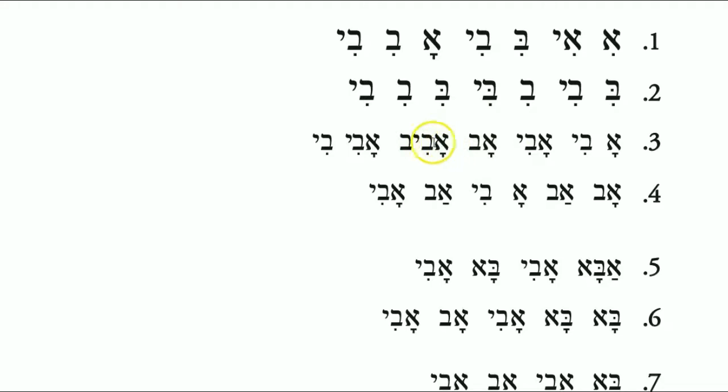Aviv. Aviv is the word spring. We can spell this either with or without the Yud, but it's usually not written that way because it would look funny to have two Vets side by side.